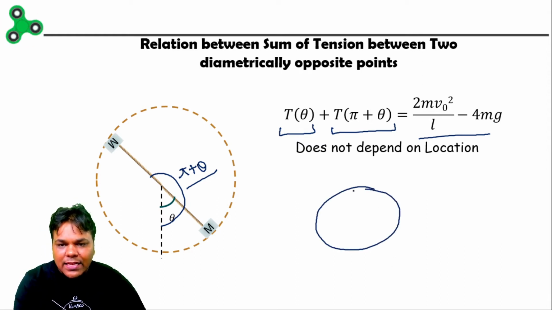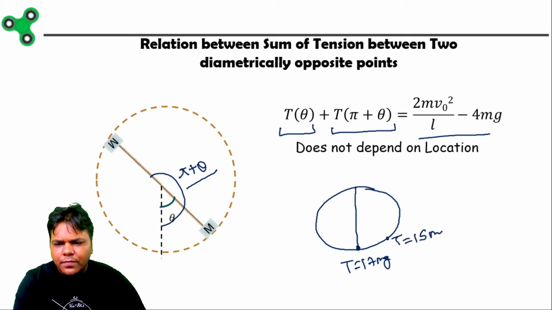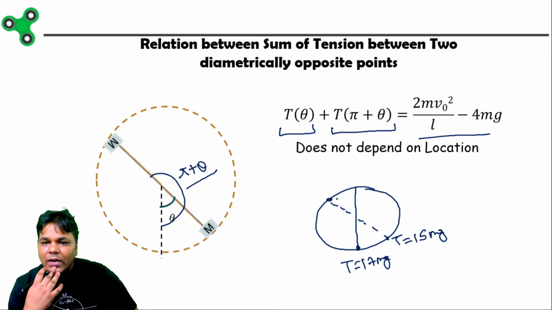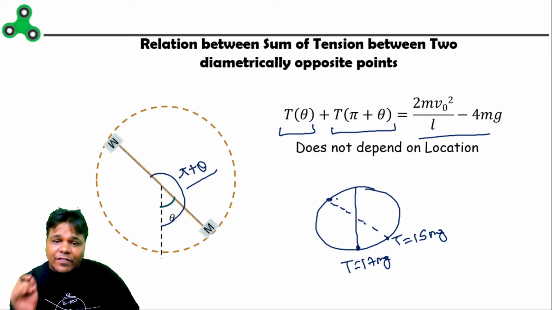Now I'm giving an example. Suppose at this point tension is 17 mg, and at this point tension is, let's say, 15 mg. What is the tension at the diametrically opposite point? You could ask, sir, how can we calculate that, we do not have any theta? But we have an example.